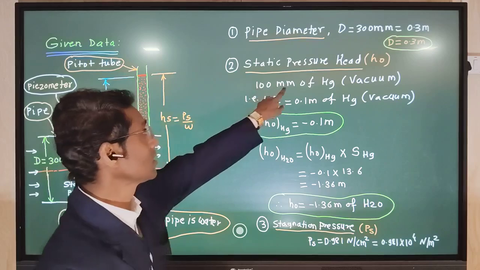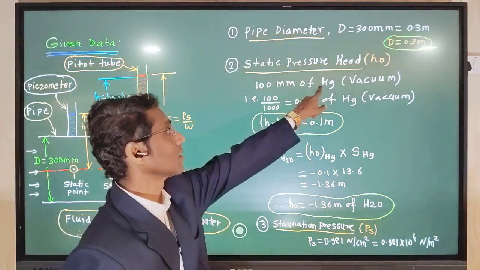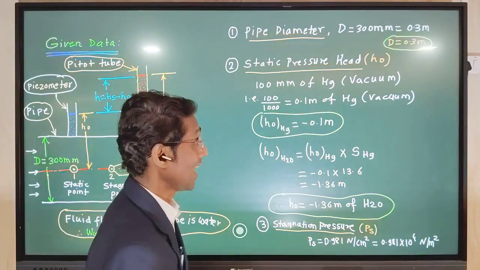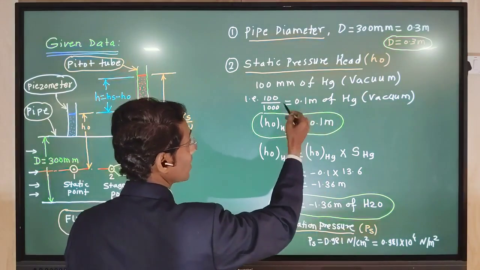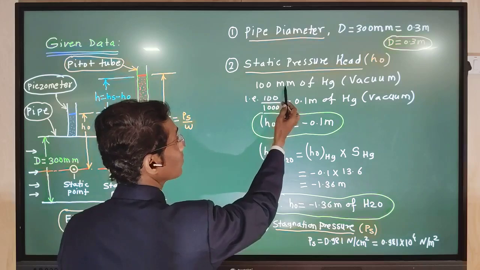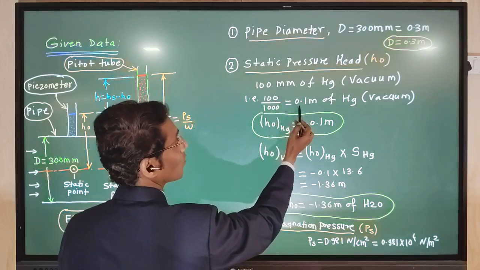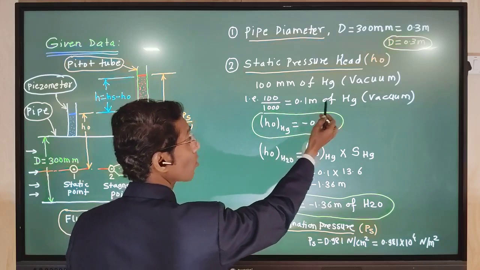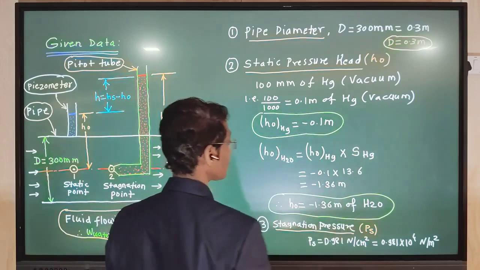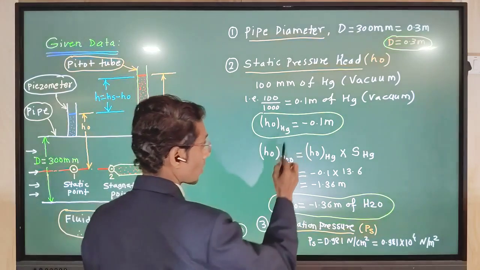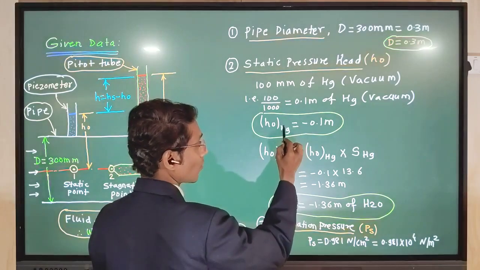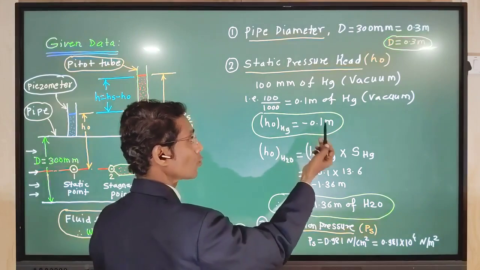So the value given here is in terms of mercury and it is in vacuum form. Let us convert that into meter. 100 mm divided by 1000 will be equal to 0.1 meter of mercury, vacuum. As vacuum, it carries a negative sign.